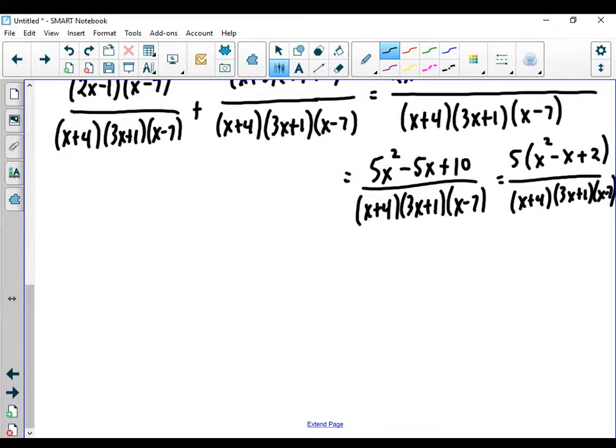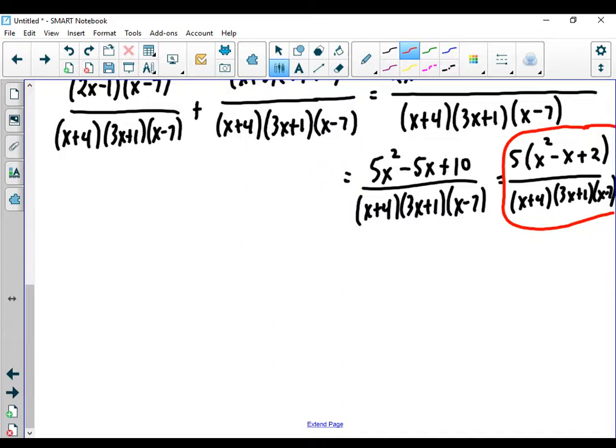And now I'm going to see, could I multiply to get 2 and add to get negative 1? Well, in this case, I can't do that. So even though I could factor, I'm not always able to simplify it. So just being able to factor doesn't guarantee that I can simplify it.